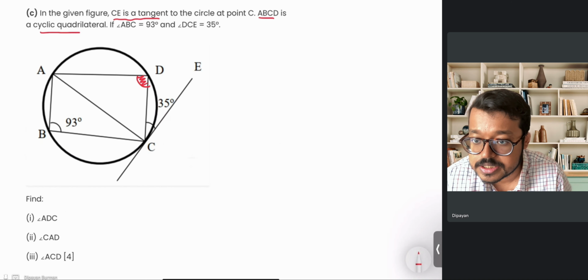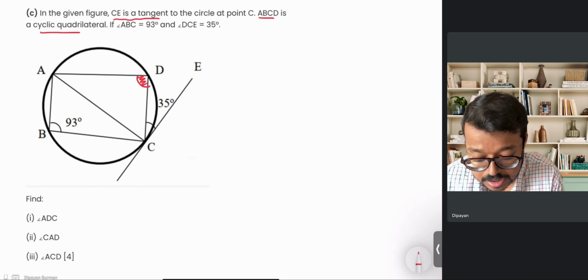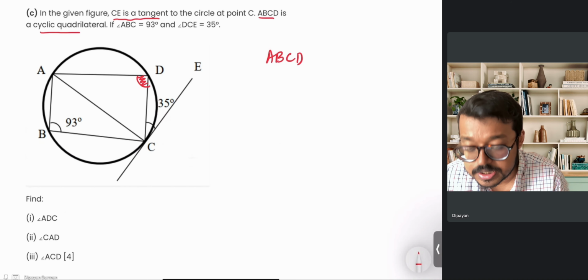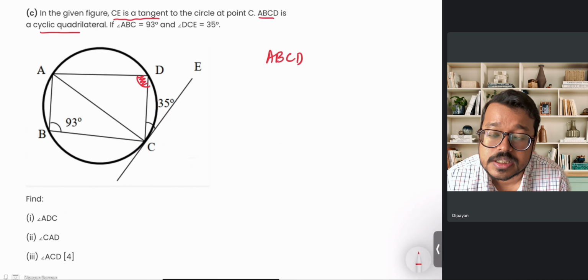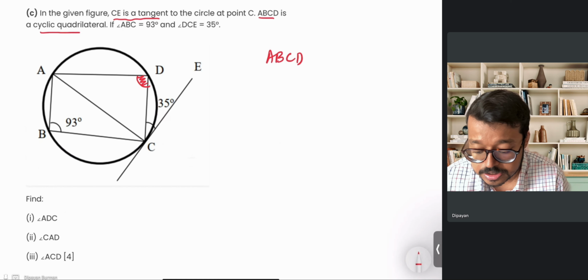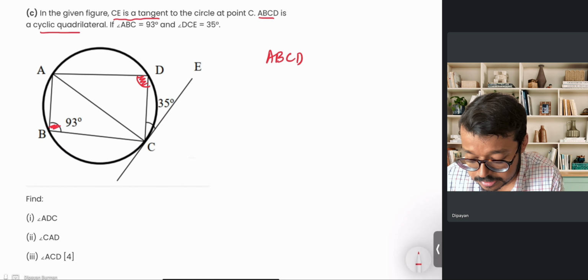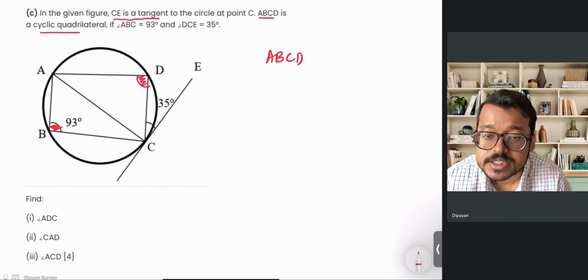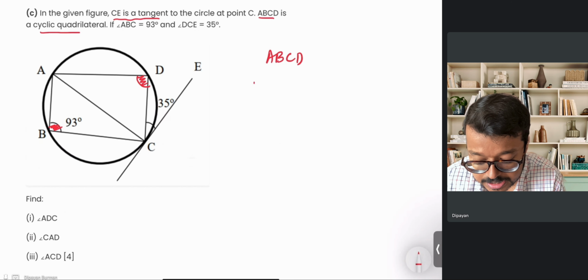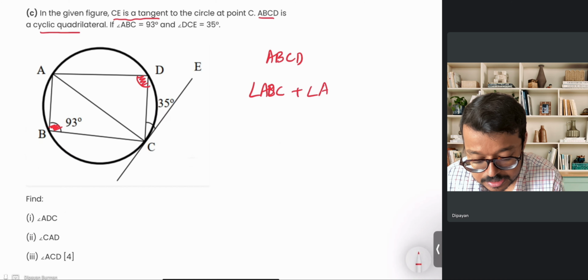So if I look at my cyclic quadrilateral ABCD, I know that the opposite angles are supplementary. So here angle B and angle D are opposite angles of my cyclic quadrilateral. So I will say angle ABC plus angle ADC equal to 180 degree.